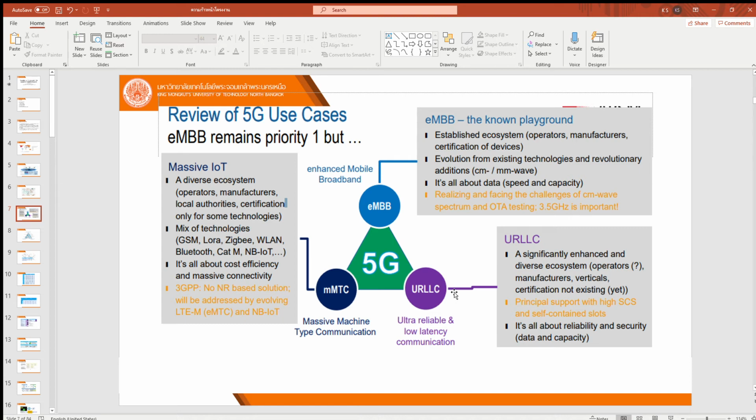If you use 4G LTE, you cannot handle this kind of speed. But for 5G, you can connect to use the mobile phone at very high speed, like more than 300 kilometers per hour. So this is the new technology. And also this one can be used with V2X or vehicle to everything. In that case, it will be very compatible with the mobile station.